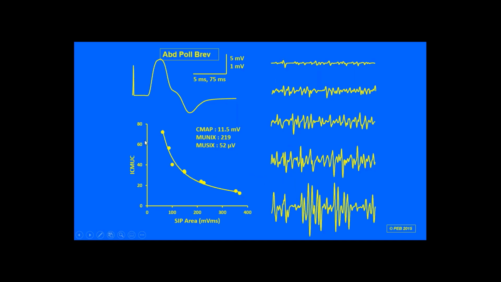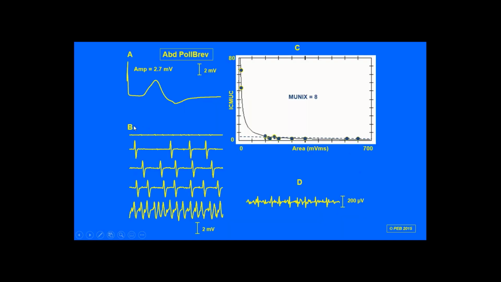And I know George is signaling me that time is short in a very diplomatic way. So let me move along and show you the CMAP in an ALS patient. And here you can see the regression line is shifted way over, and it's very low here. And it's no secret that you basically are seeing the same motor unit here firing simply faster as he makes a greater effort.